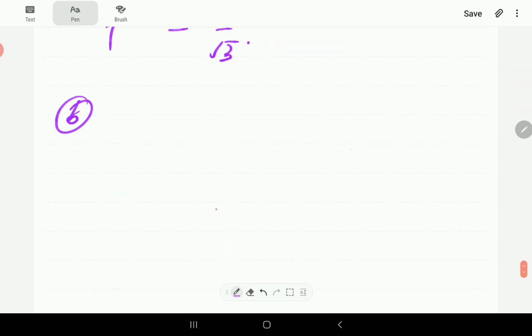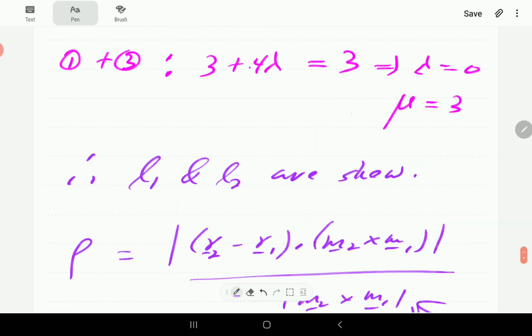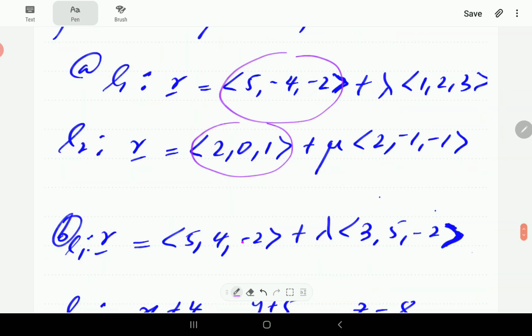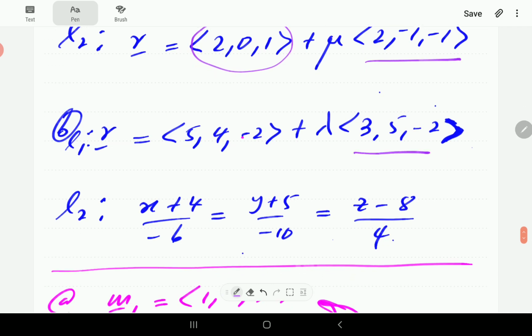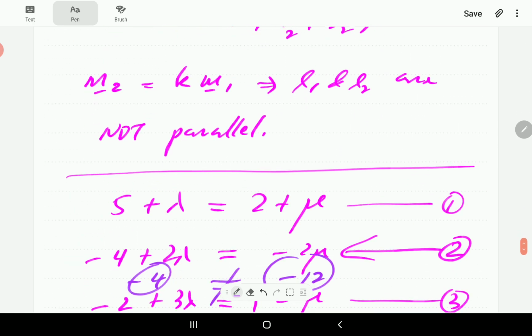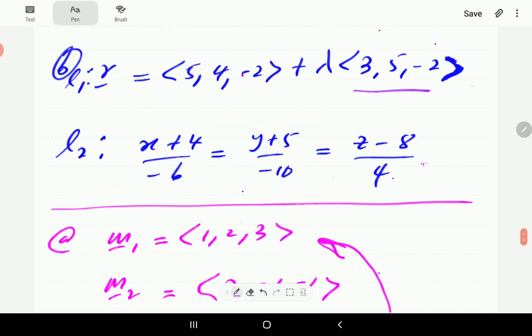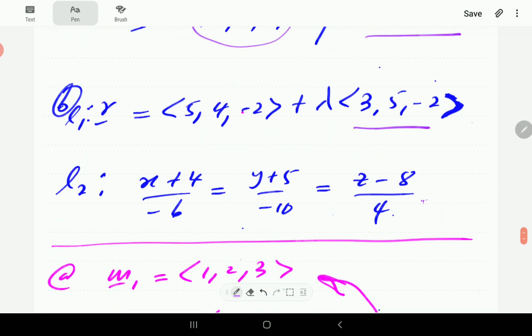Question B, so there we've got B is this one. There we've got M1, but we are going to have to work on this one and write it in parametric form.